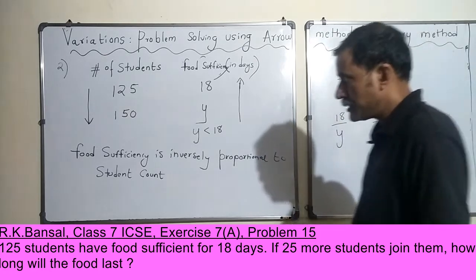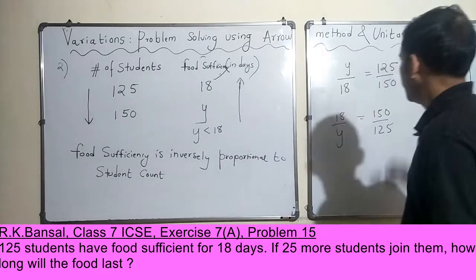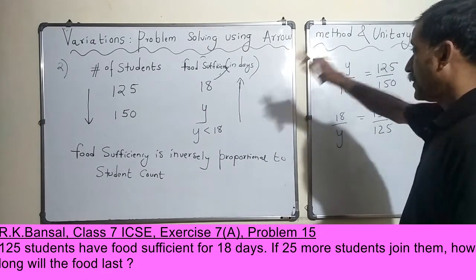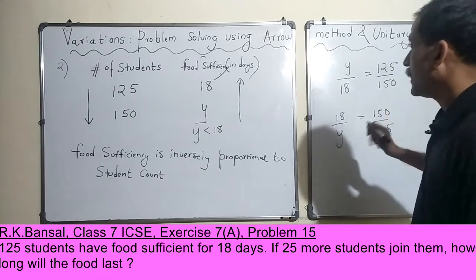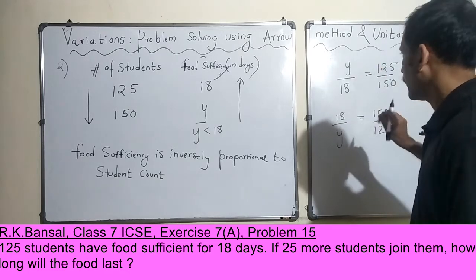You can also say 125 by 150 is equal to y by 18, which is the same as this. Just one second, did I make a mistake here? y by 18 is equal to 125 by 150. Okay, yeah, correct.